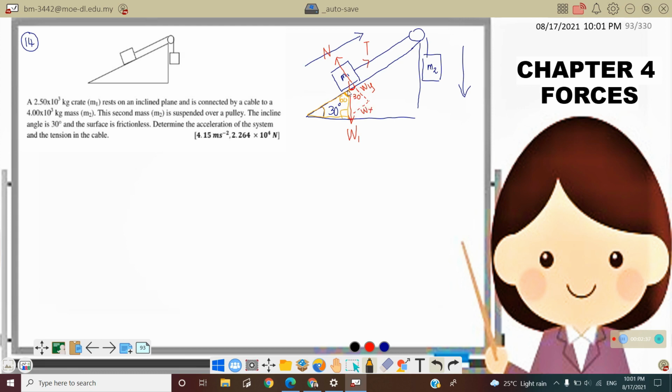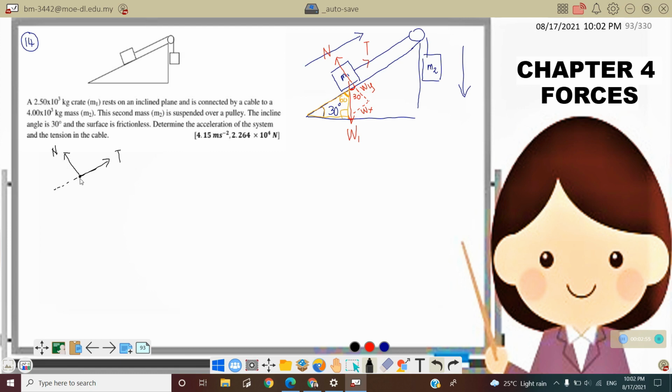So we need to draw the free body diagram for M1. This is tension, normal force.